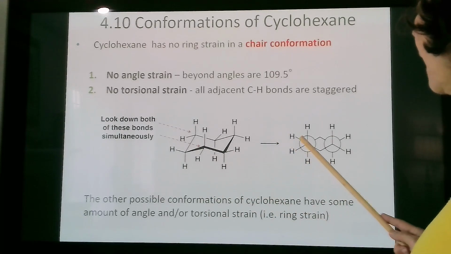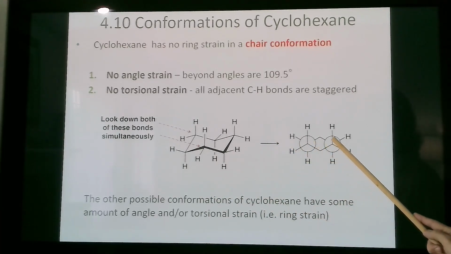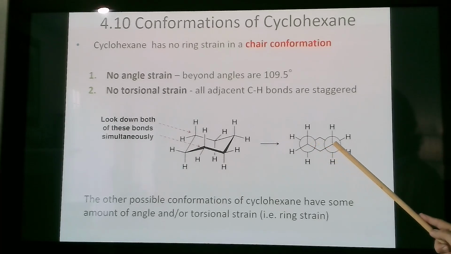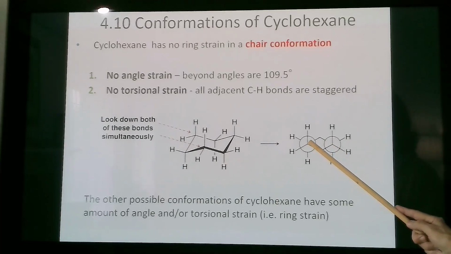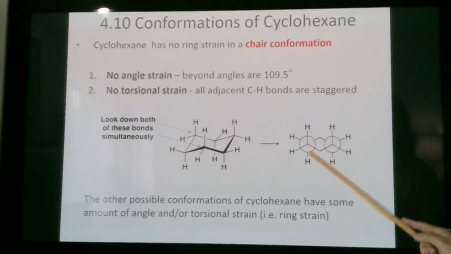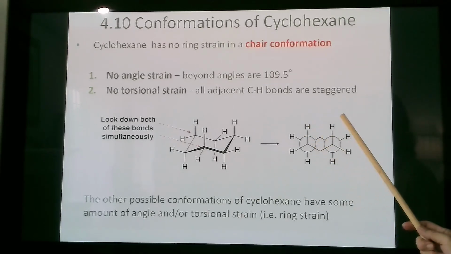You can make yourself a molecular model and look down the carbon-carbon bond like it's a Newman projection, and you will be able to see this. Okay, these are all in a staggered conformation, and so there is no angle strain and no torsional strain.